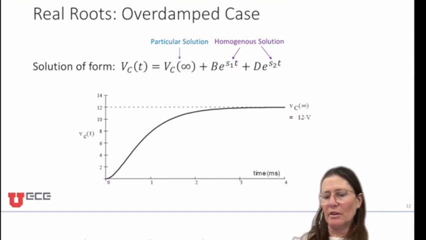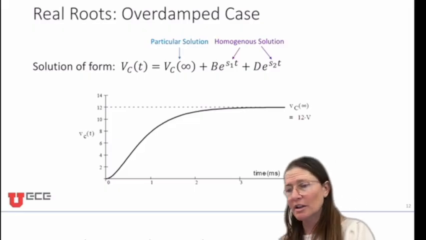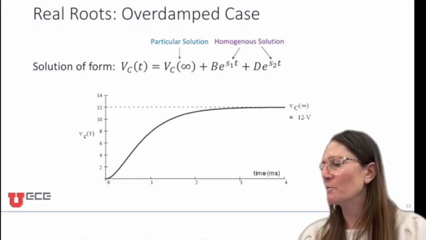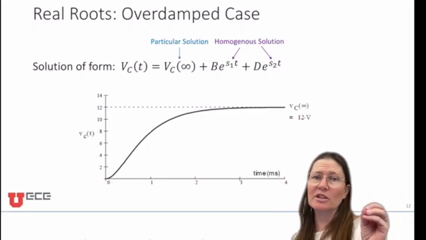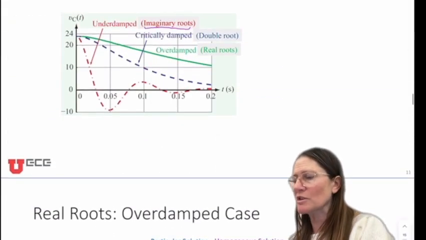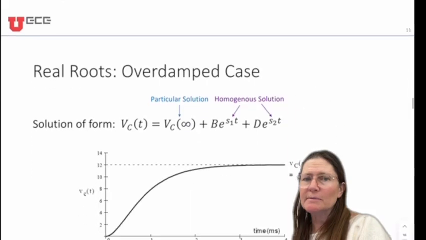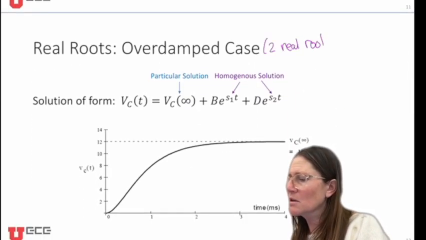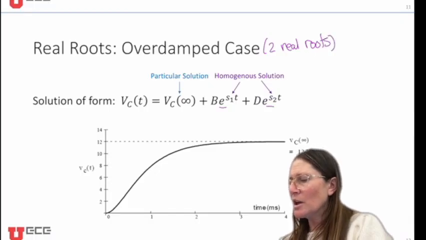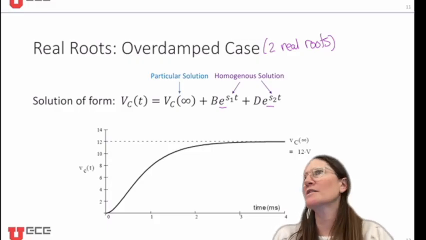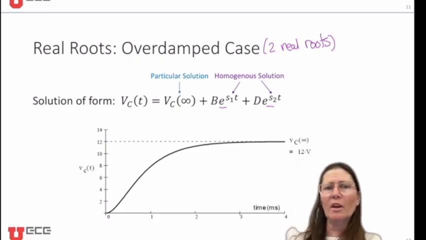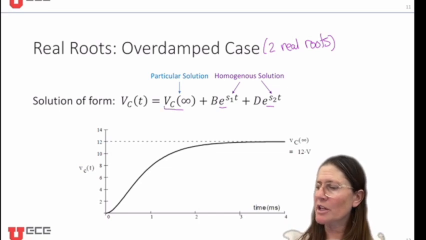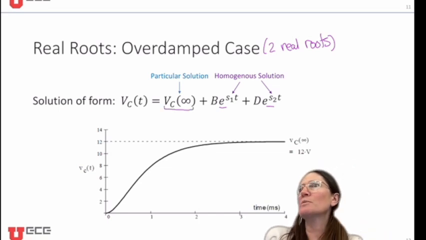So the time domain solution is going to be dependent on the particular solution and then the homogeneous solution. So for overdamped, which is two real roots, it ends up looking like two exponentials. And then you're going to get the particular solution that is going to be just the value.